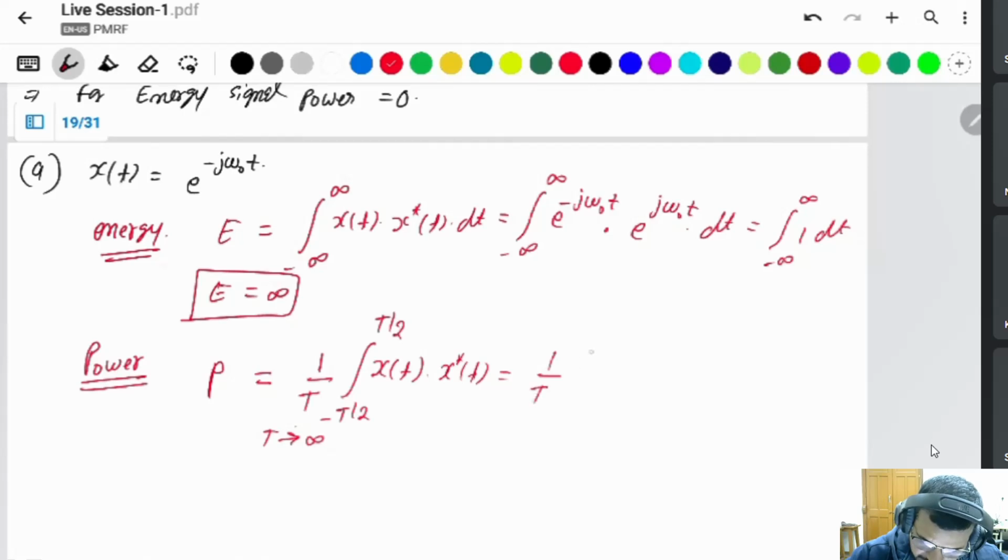This is 1 by T, integral from minus T by 2 to T by 2, multiplying both gives 1.